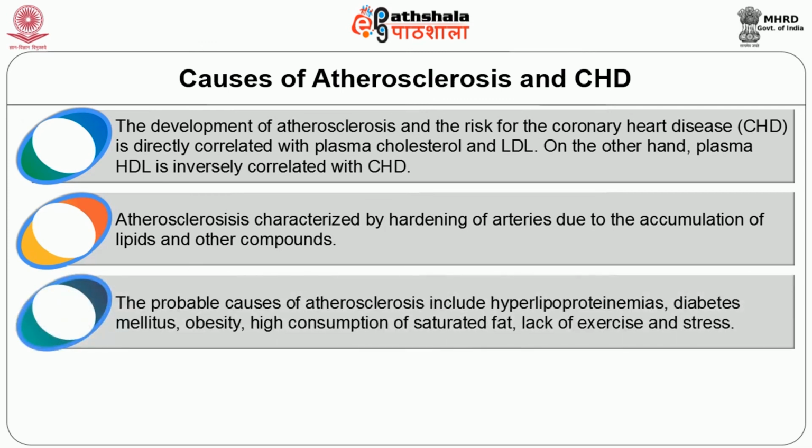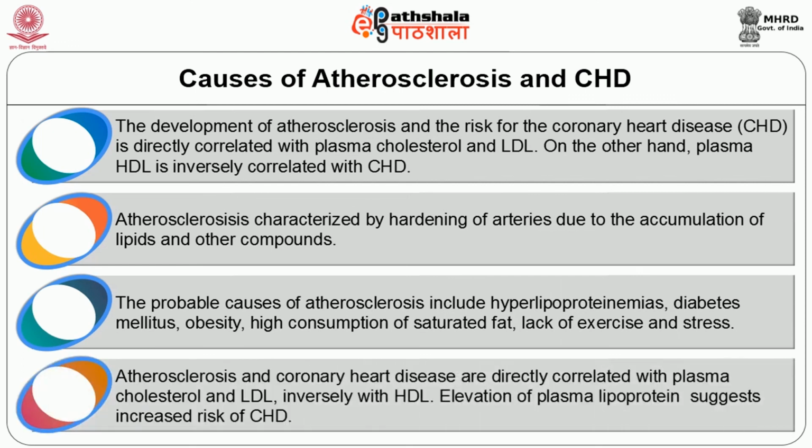The probable causes of atherosclerosis include hyperlipoproteinemias, diabetes mellitus, obesity, high consumption of saturated fat, lack of exercise and stress. Atherosclerosis and coronary heart disease are directly correlated with plasma cholesterol and LDL, inversely with HDL. Elevation of plasma lipoprotein suggests increased risk of CHD.